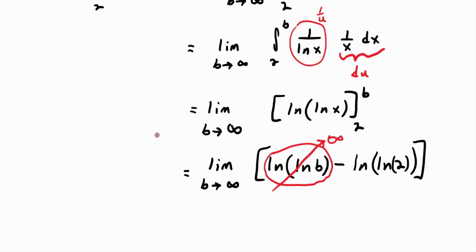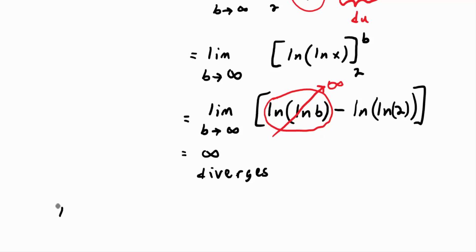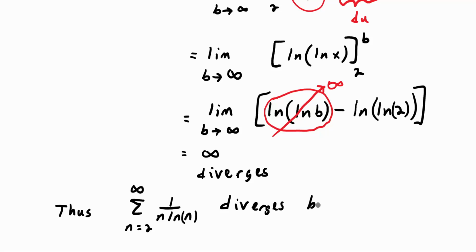So what are you going to say then? It diverges to infinity. Okay, so thus, what about the original series? The sum from n equals 2 to infinity of 1 over n natural log n. Diverges by the integral test.